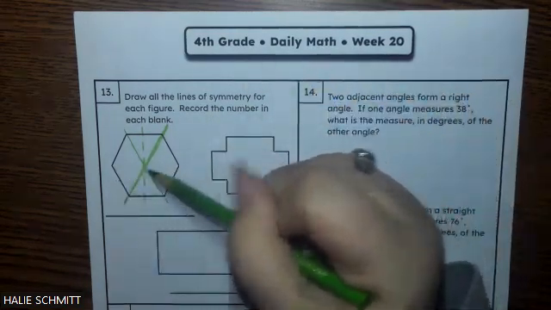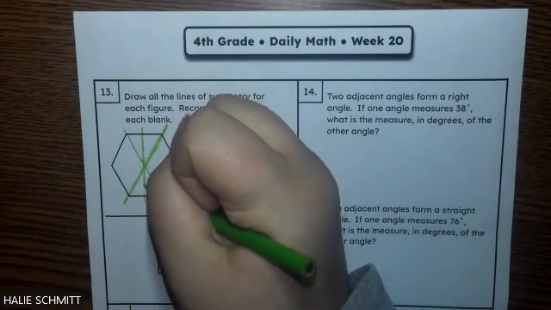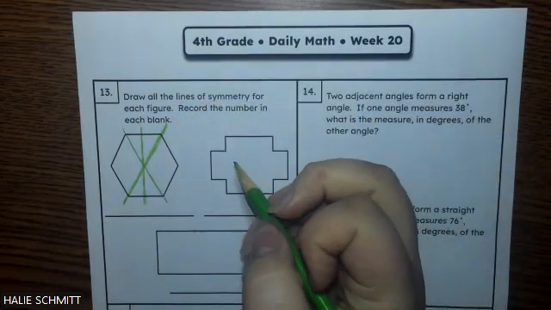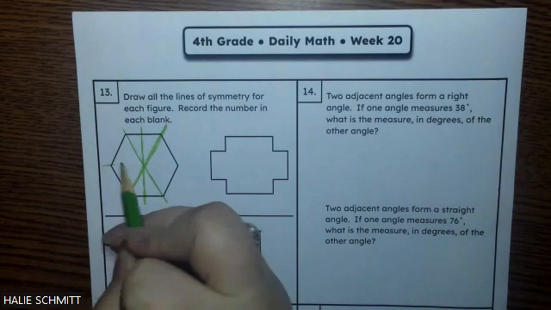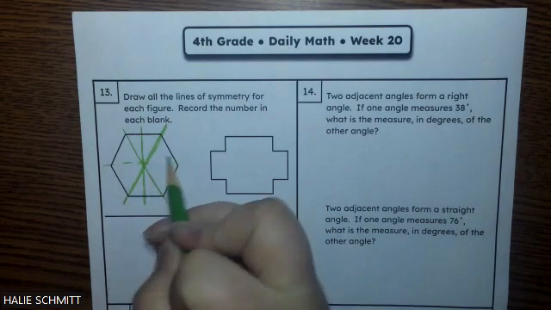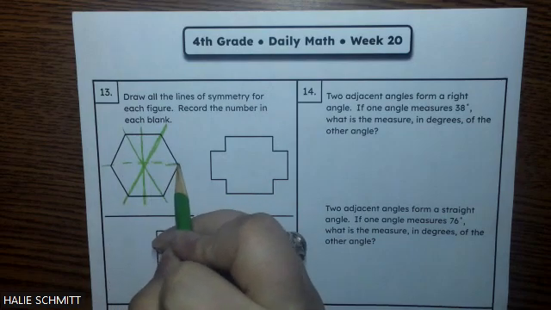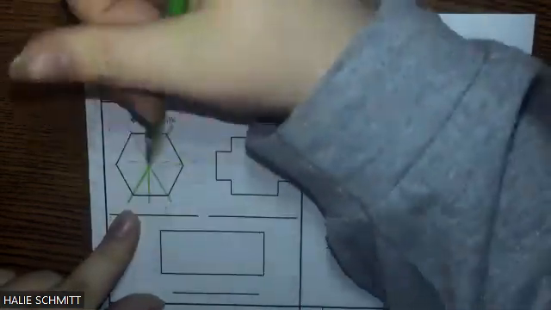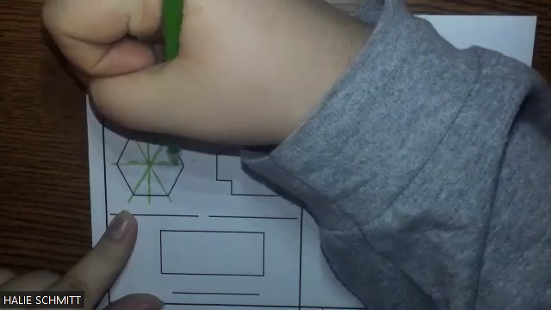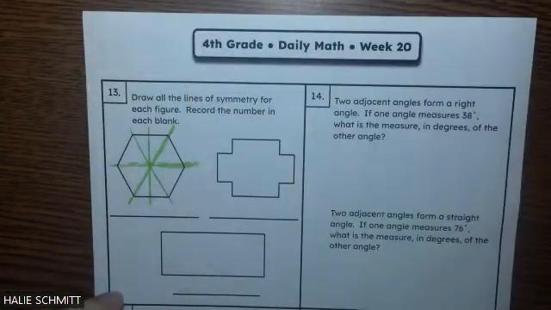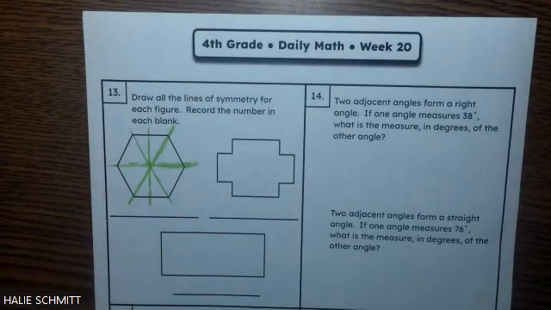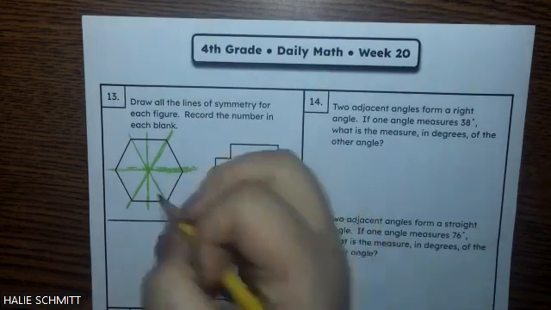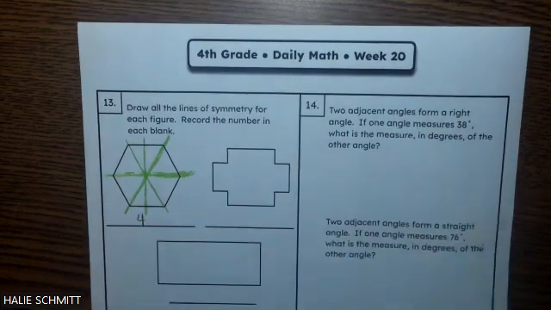They look the same on both sides. The line of symmetry. And we go horizontal. They form two trapezoids on either side. We now have four lines of symmetry. Right?